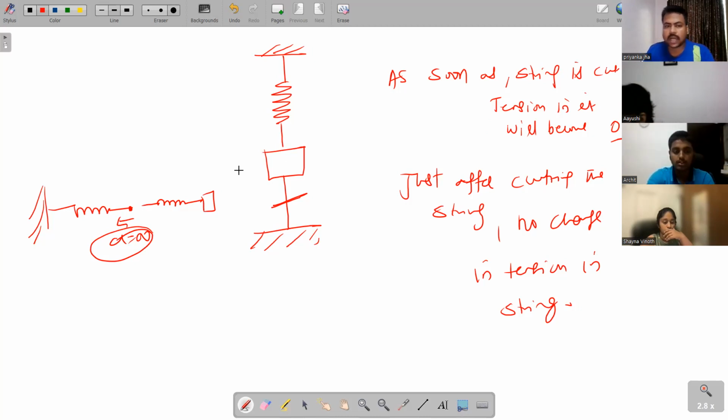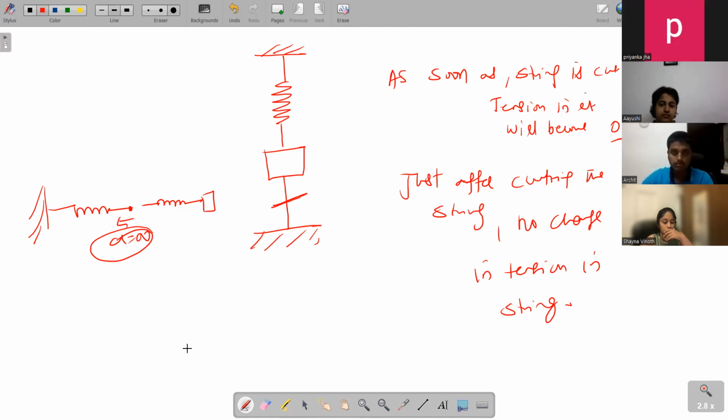That is fine. But I am not talking about that. I am talking about the tension in the spring, before cutting and after cutting. And I'm saying that just after cutting the string, no change in tension in the spring will happen because here mass is connected. I'm not saying that tension will not change in the spring.